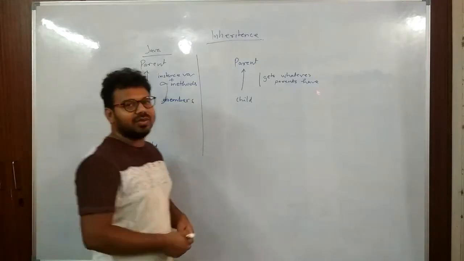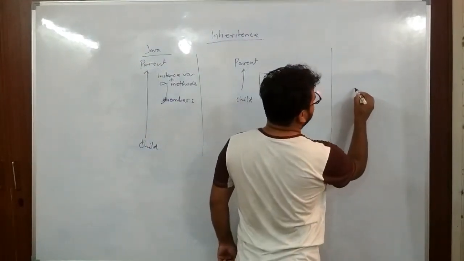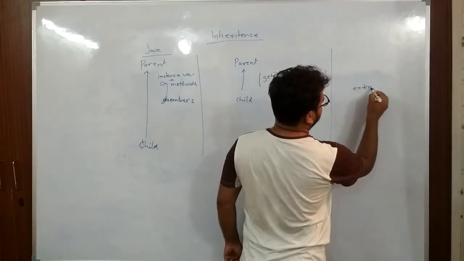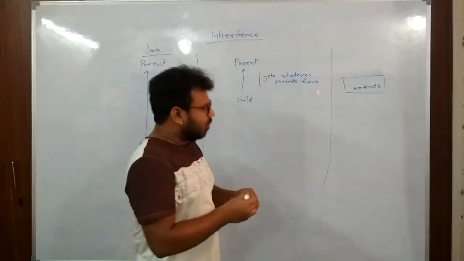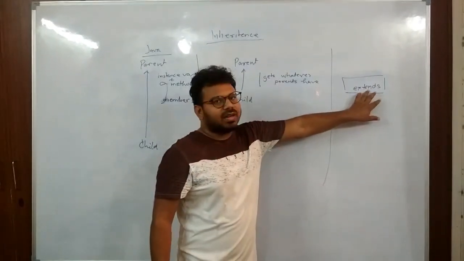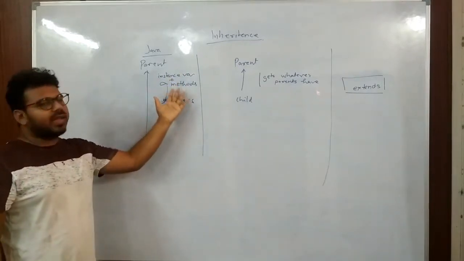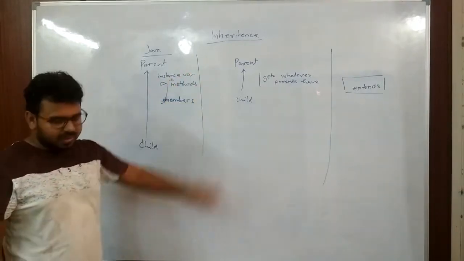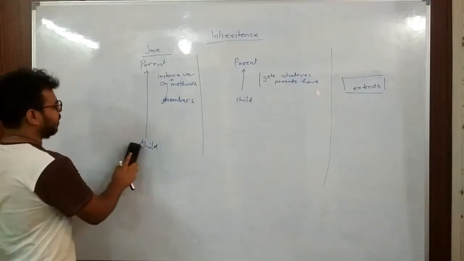So there is a very important keyword that is called extends. This keyword is very important. By using this keyword, a child class gets all the instance variables and methods from the parent class. Let me clarify it a bit.